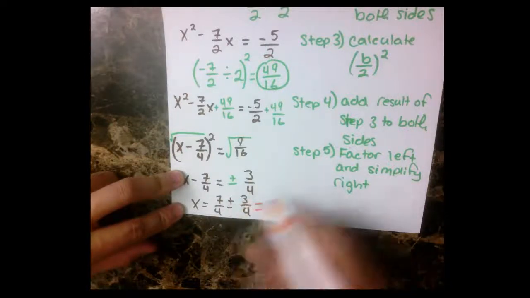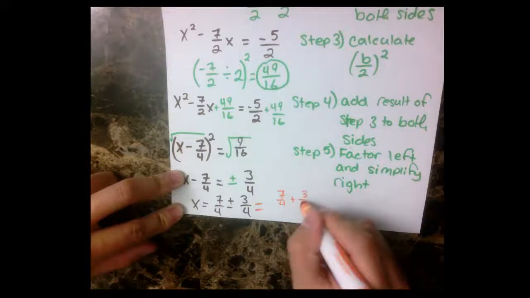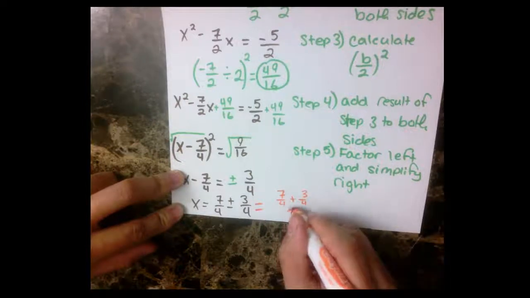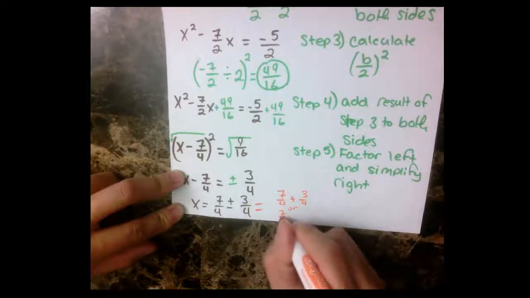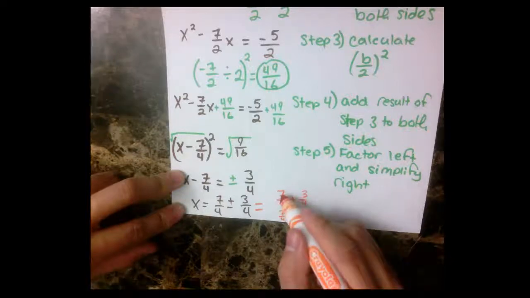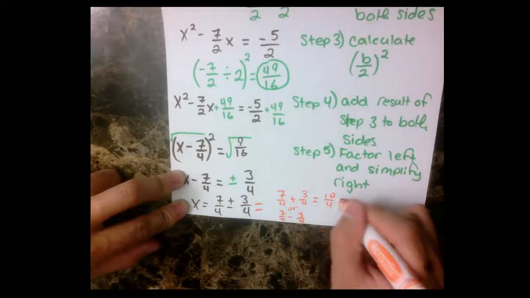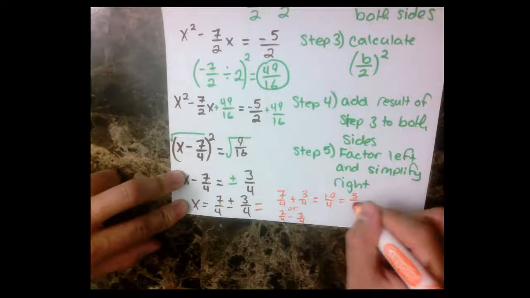But this would be 7 over 4 plus 3 over 4, or 7 over 4 minus 3 over 4. Hopefully you guys remember how to add and subtract fractions. So 7 over 4 plus 3 over 4 is just 7 plus 3 is 10 over 4, which we can simplify to 5 over 2.